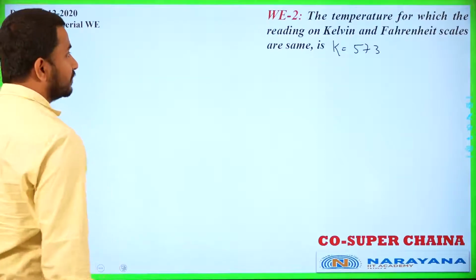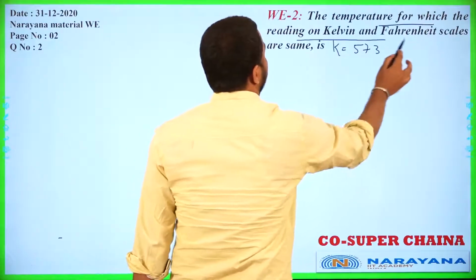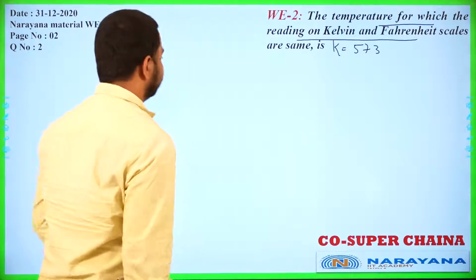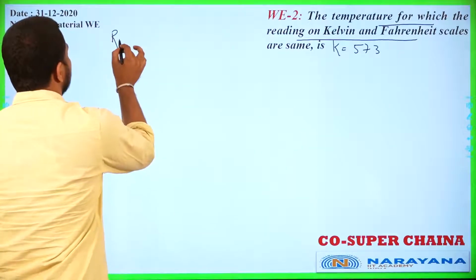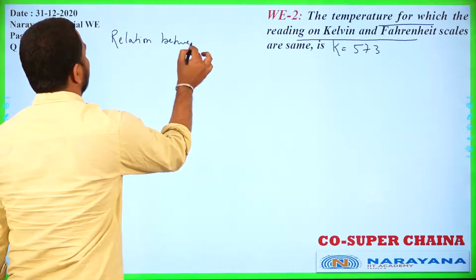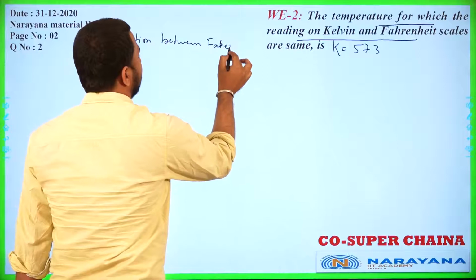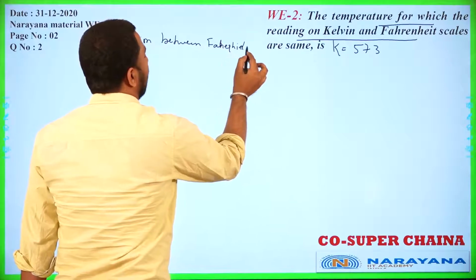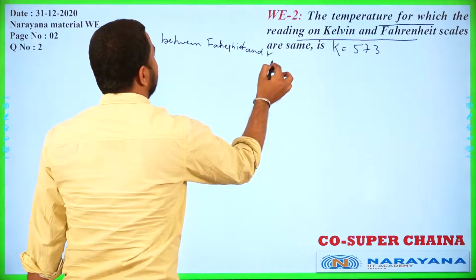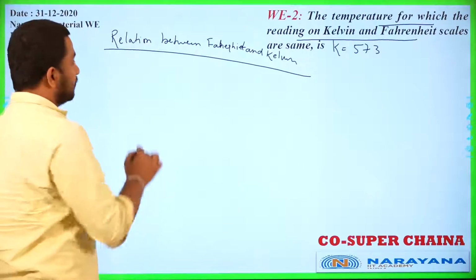The second question says that the temperature for which the readings of the Kelvin and Fahrenheit scales are the same. So we have to write the relation between the Fahrenheit and Kelvin scales.